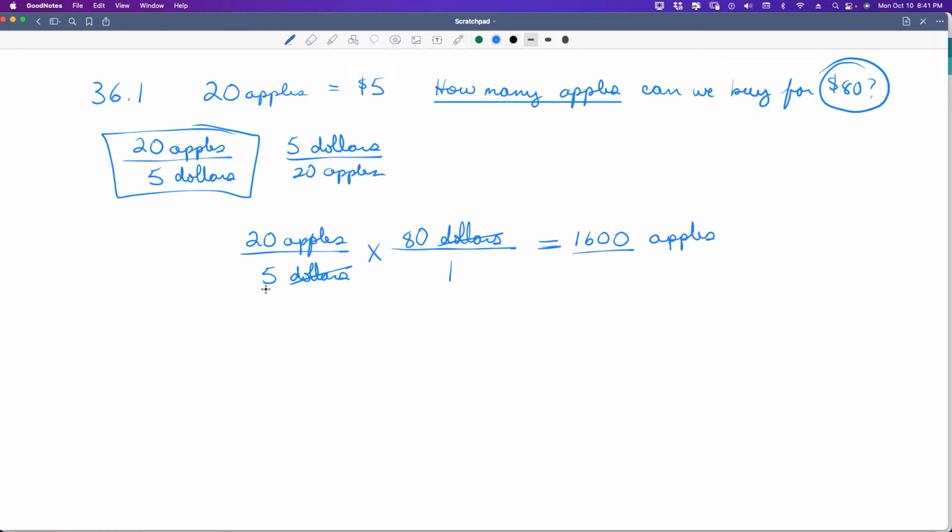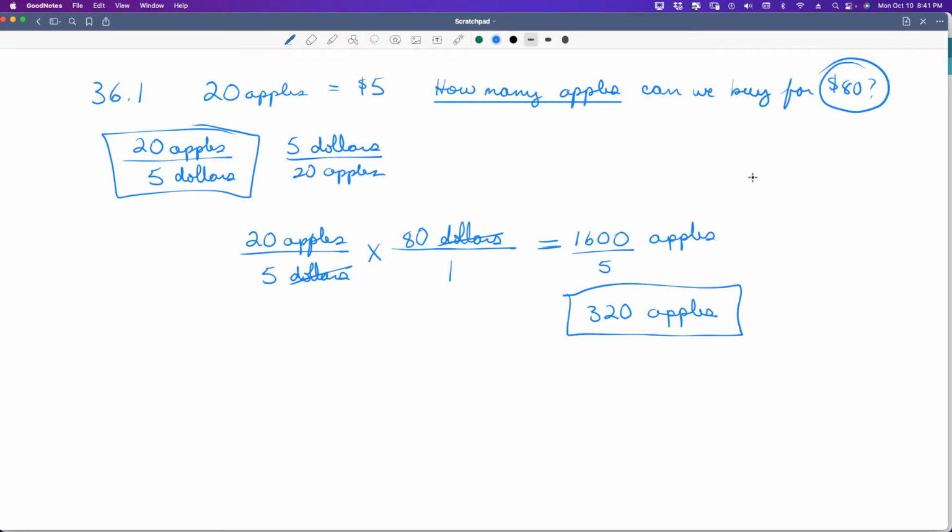But then down on the bottom in the denominator, we have 5 times 1 is 5. So in order to figure out how many apples we can get with $80, we have to divide this by 5. So 1,600 divided by 5, that is going to be equal to 320 apples. And that would be our answer.